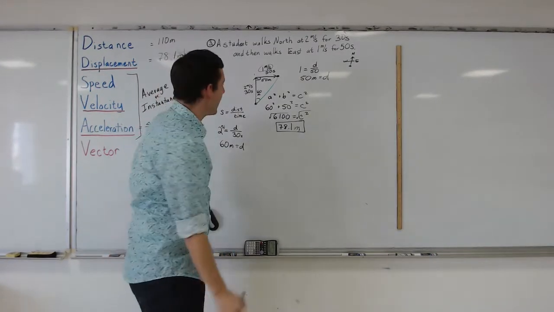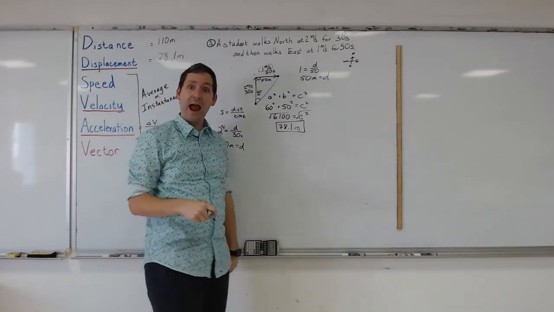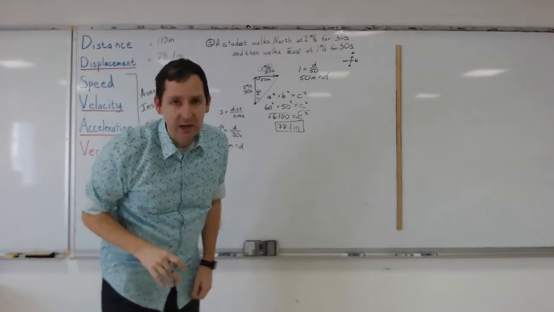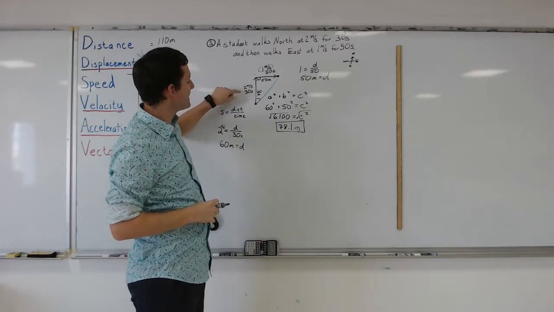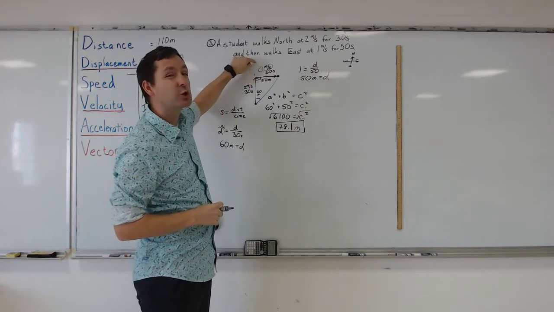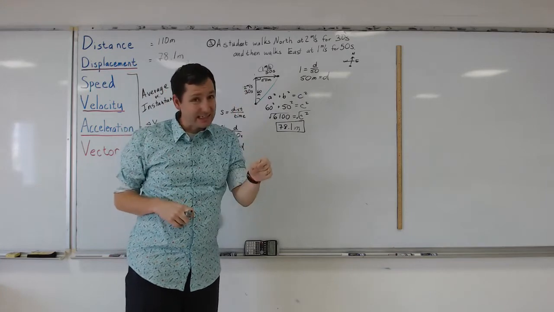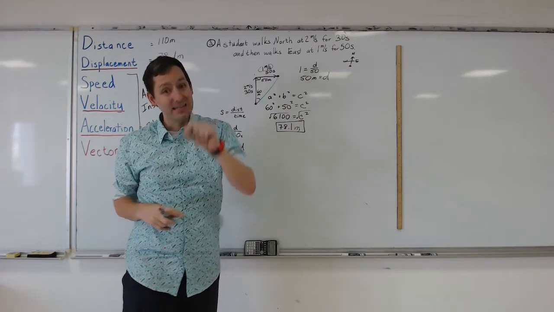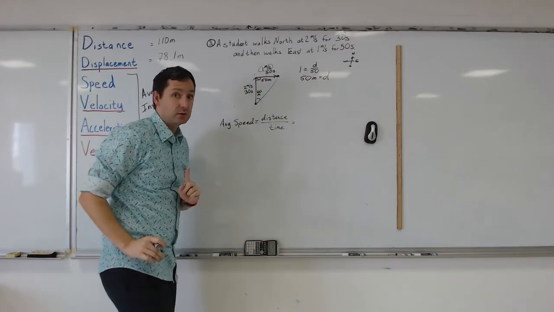All right, speed. Let's find the average speed. Now, don't you dare, because the first thing people do is go, oh, 2 plus 1 divided by 2, that's 1.5. You can't do that, because you're traveling at this speed for less time than you're traveling at this speed. So your average should be closer to this one. Remember, average speed comes from distance divided by time. What is the total distance traveled?